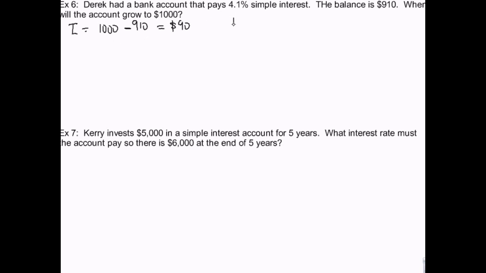And then we want to find out how long that'll take. So again, anytime you see the words simple interest, it's going to be this formula. So I want $90 to equal $910 times 0.041, and I don't know what T is. So I don't know how long that'll take.